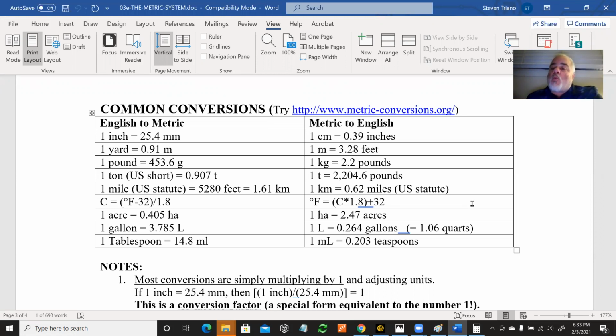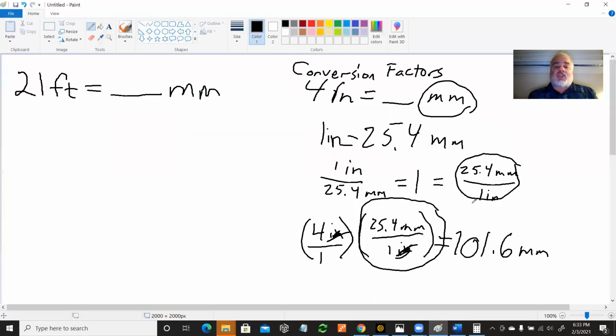You multiply by 1 two or three times until you get the answer. And so there are some things you need to know. So for example, I start this problem exactly the way I always do, 21 feet over 1. I put everything over 1 in these problems just because it helps with my organization.